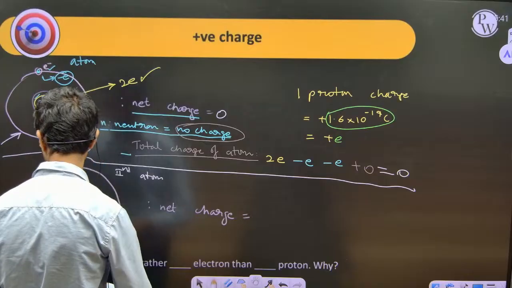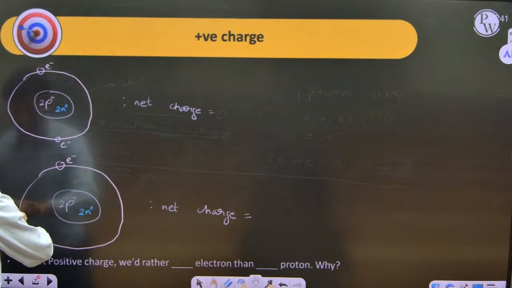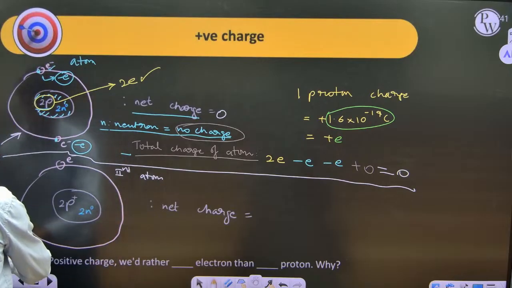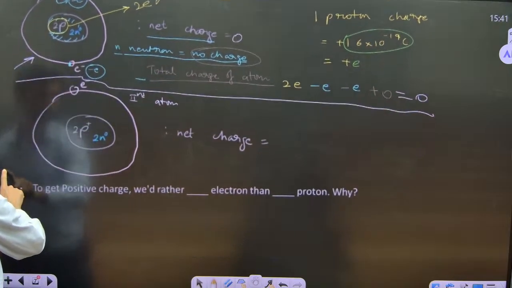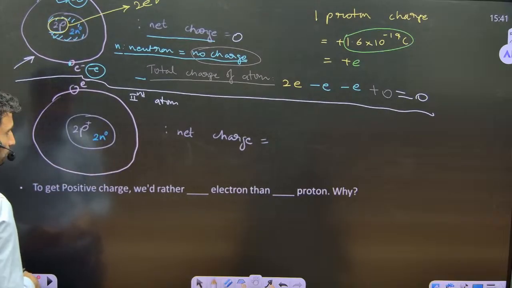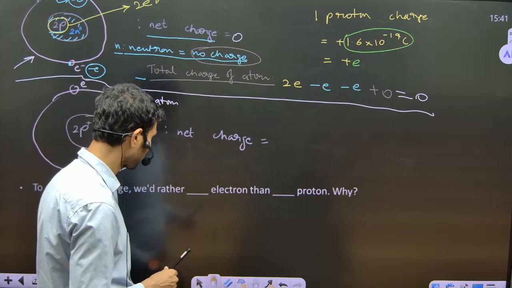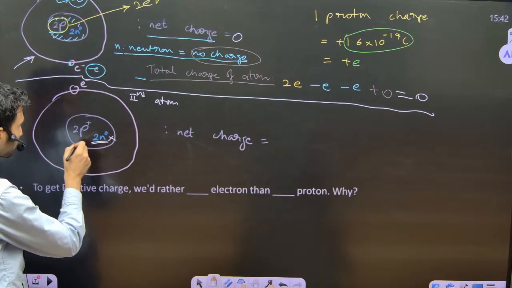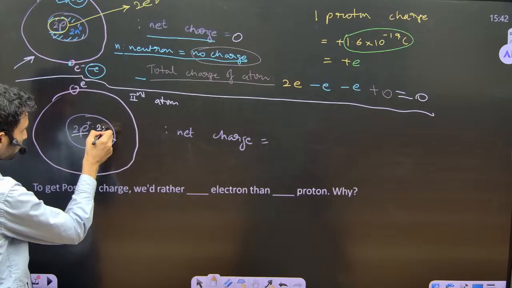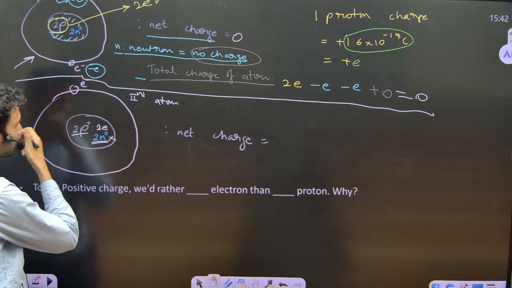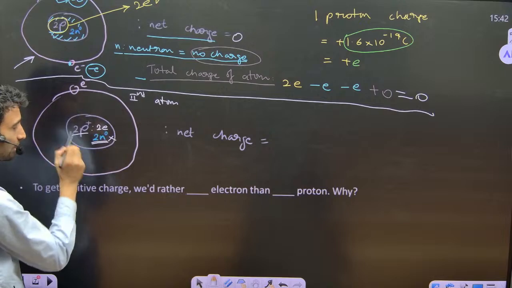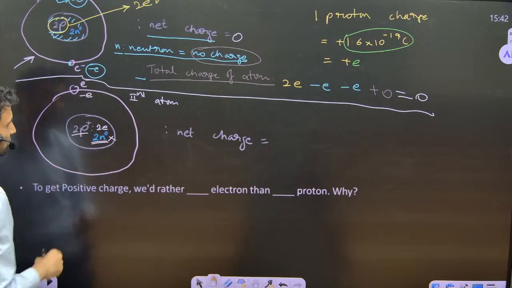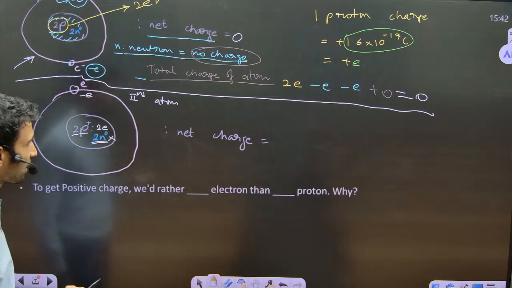As you can see, neutrons are useless, no charge. Protons will have 2e. And guys, there is only one electron. Where's the other electron? It has gone already, right? So this fellow will only provide minus e charge. So what is the net charge of the atom?